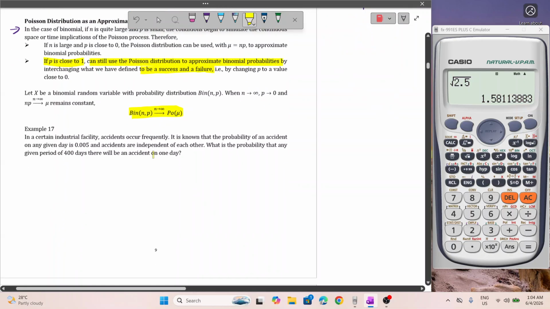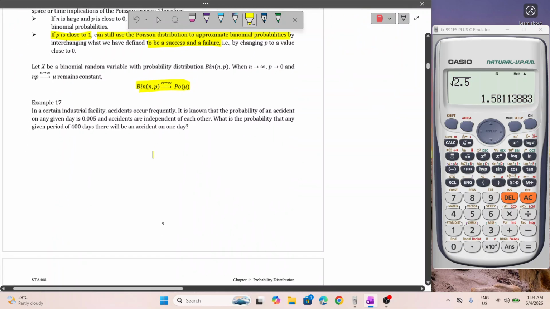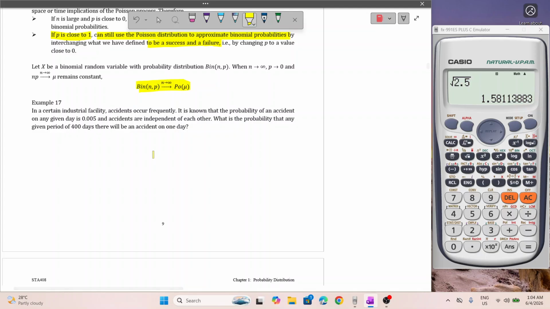Now I think we can understand the situation better by solving example 17.